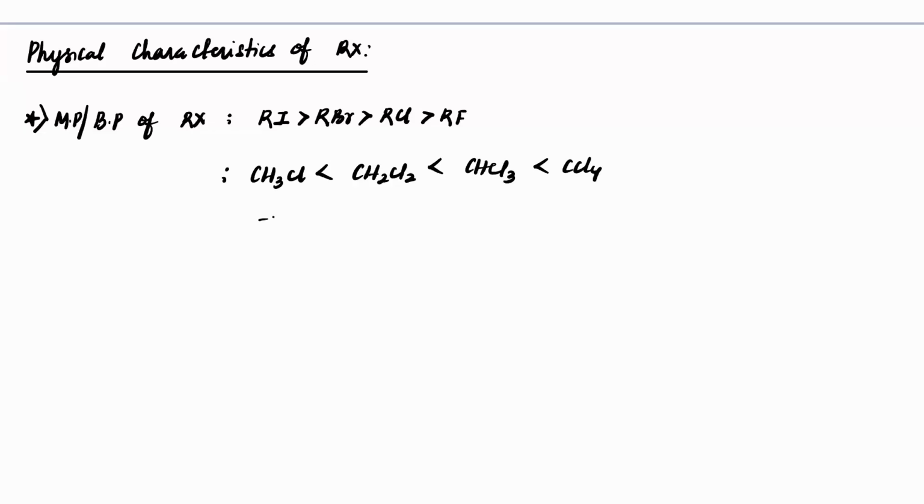And here the dominance is all to do with the molecular weight. More the molecular weight, higher the boiling point. So 40 degrees here, 61 degrees here, 71 degrees Celsius, 77 degrees Celsius. This is the order of boiling point.